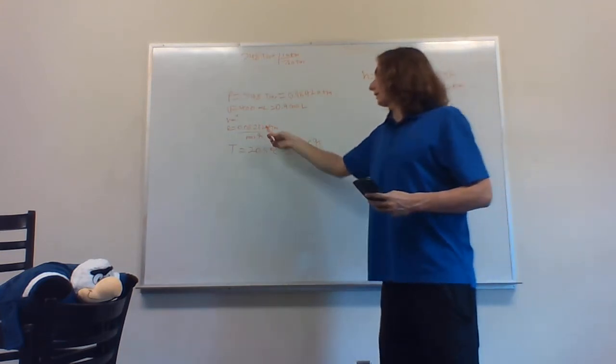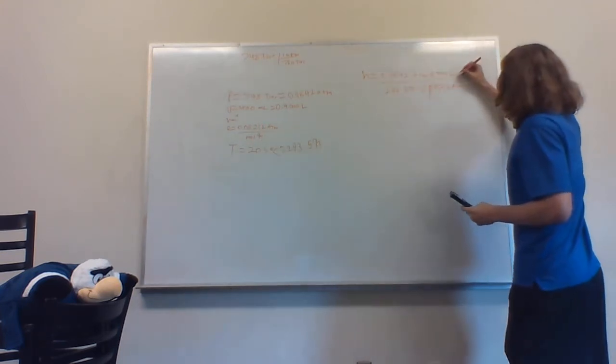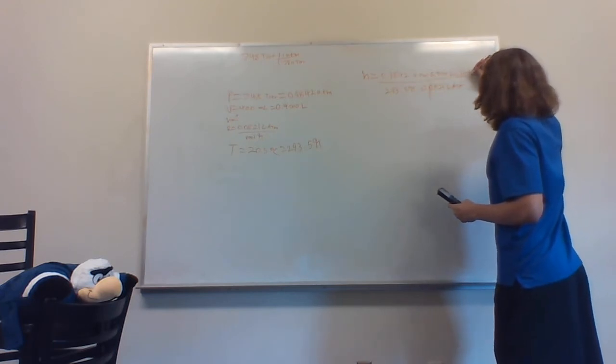And since we're dividing by this, the moles and Kelvin go on top, or get multiplied on top.